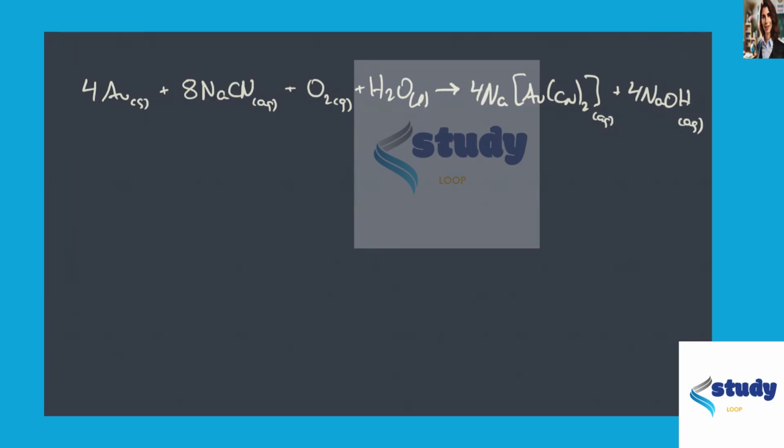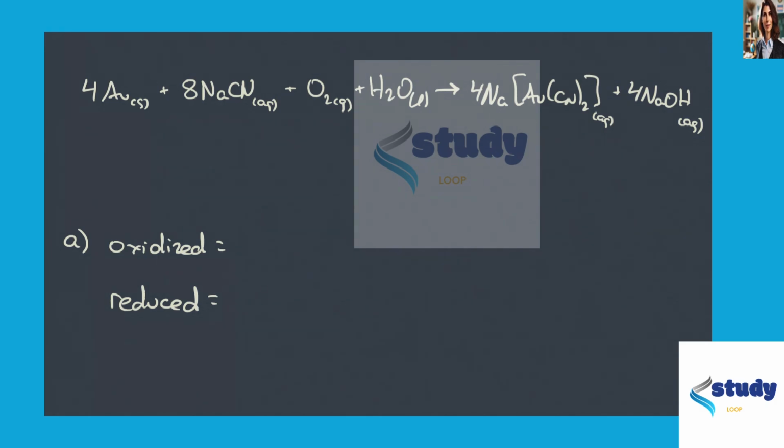For this redox reaction, in part A, we're asked to identify the compounds which are oxidized and the compounds which are reduced. In order to do this, we'll need to calculate the oxidation numbers.